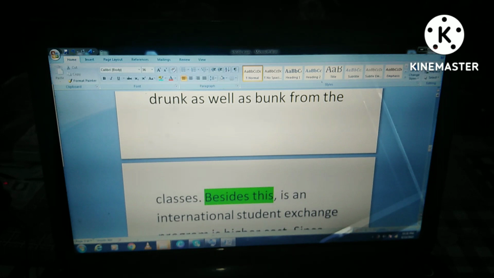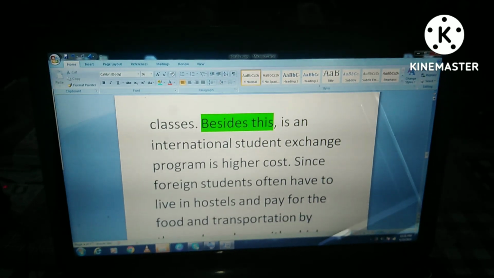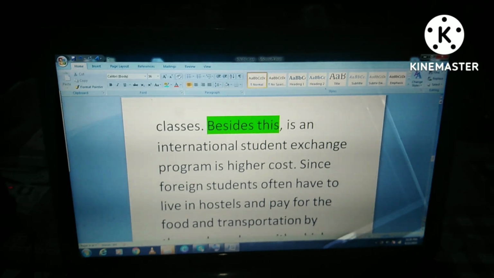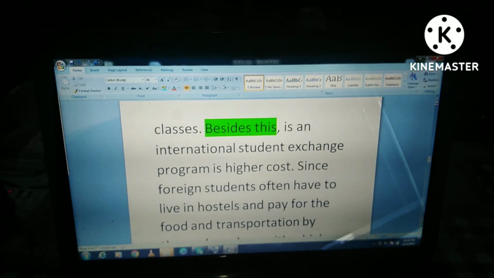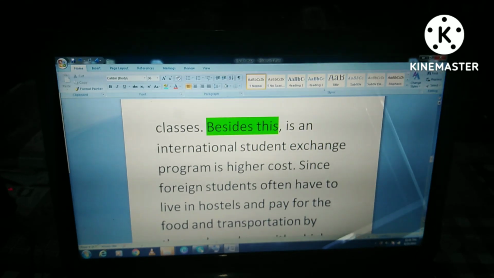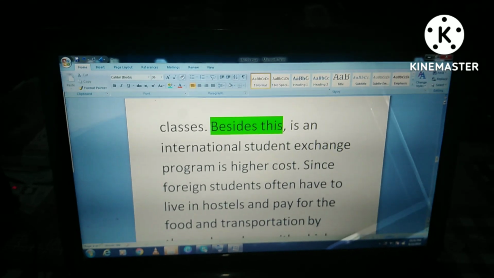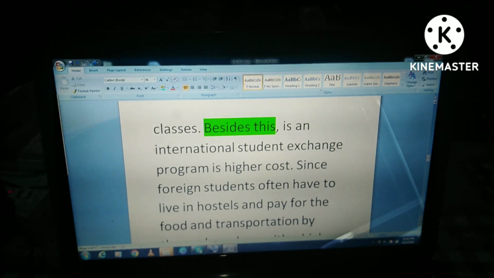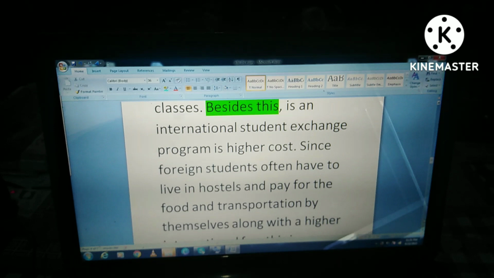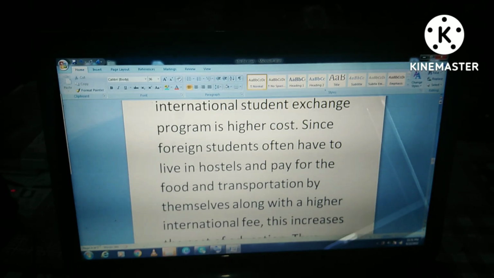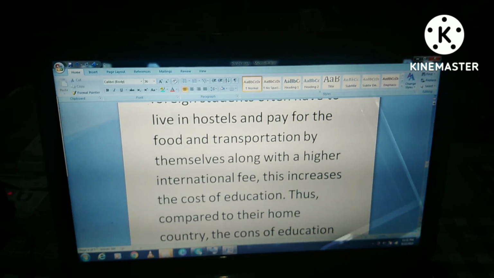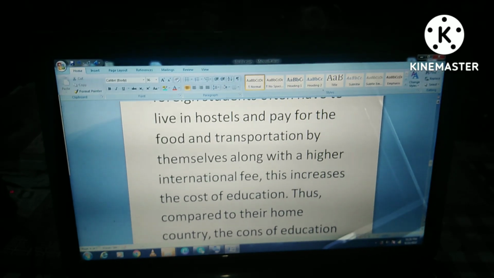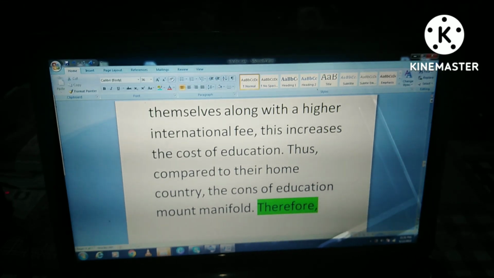With the word "besides," I am stating here another point of view, and it means that I am going to discuss another drawback of the notion. Besides this, an international student exchange program has a higher cost, since foreign students often have to live in hostels and pay for the food and transportation by themselves, along with a higher international fee.